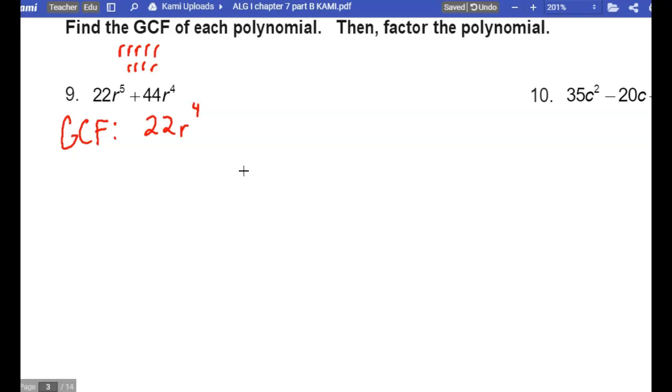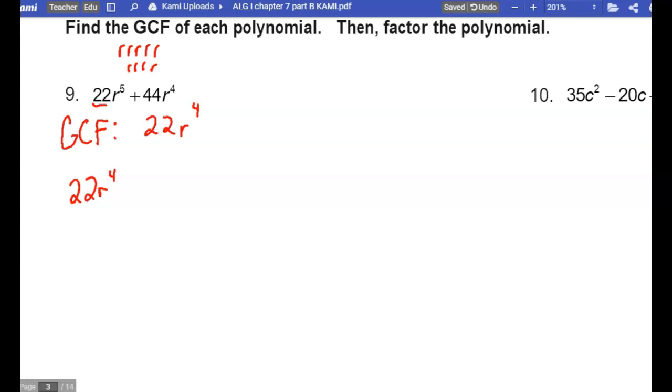Okay, but now we're going to take that and pull it out, because that's what it means when we factor. We want to find two things that multiply to equal something else. So we've got to find two things that multiply to equal this here. So we're kind of working backwards, as you'll see in a minute. So I pull out that 22r to the fourth, and what is left?